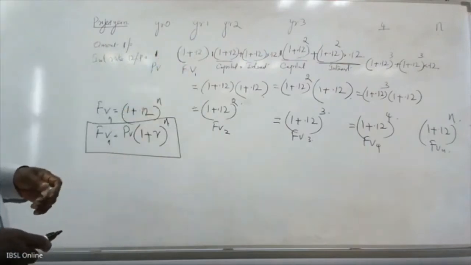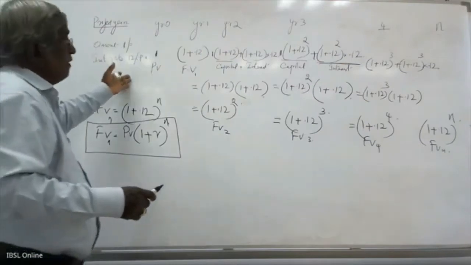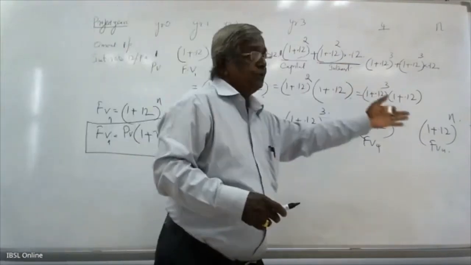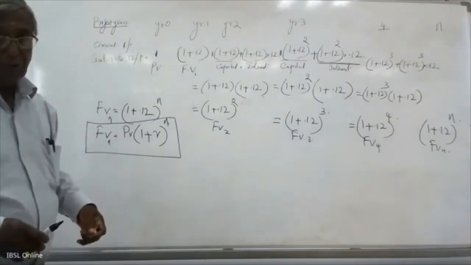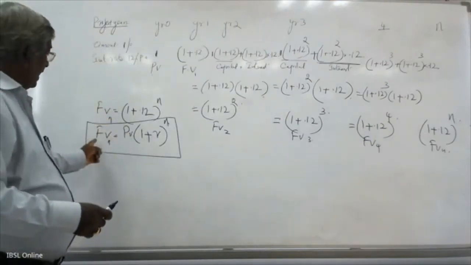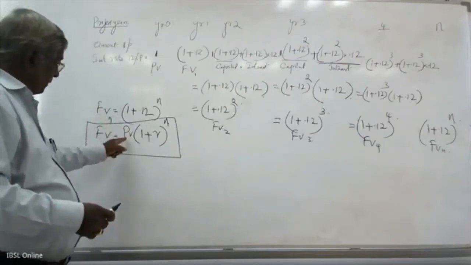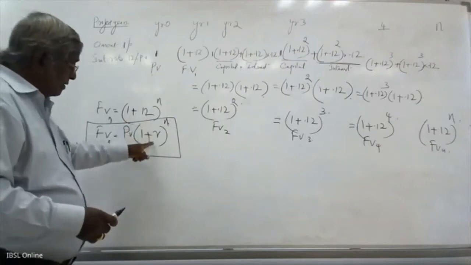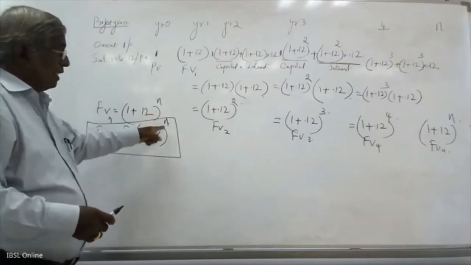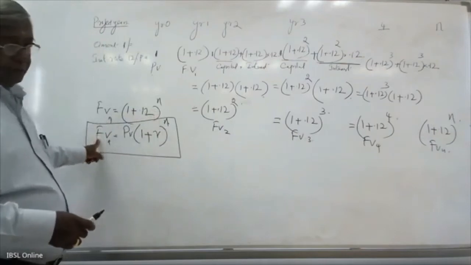To convert present value to future value. If you know the present value of money you have today, the interest rate, and the number of years, then you can calculate the future value.